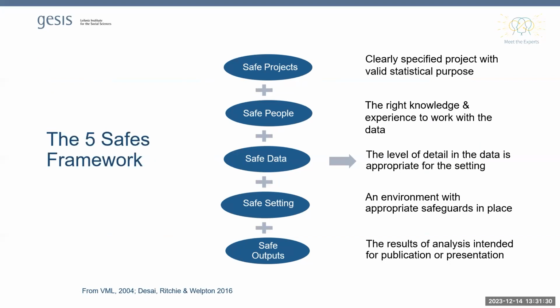And one of the ways that most services, certainly in parts of the world that have very established remote desktop services, tend to use what's called the 5 safes framework. And this is a very simple framework, which was developed in 2003 by Professor Felix Ritchie, who visited GESIS a few weeks ago.